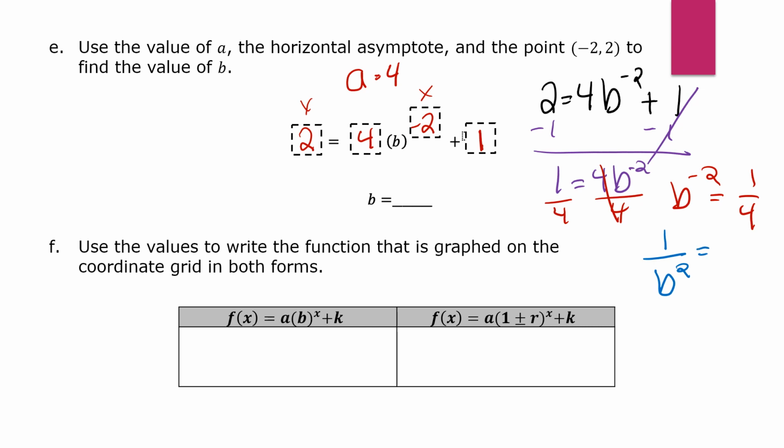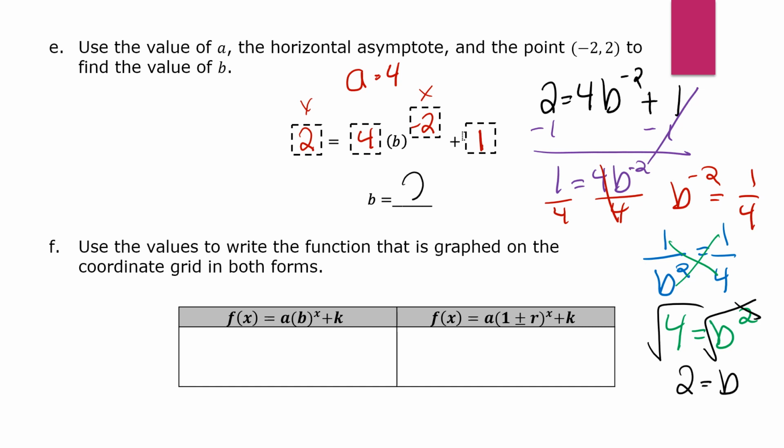So then we have 1 over b squared equals 1/4. And then we can cross multiply. So we could do 1 times 4 equals 4, and then b squared times 1 is b squared. So then to get b by itself, square root both sides. So b equals 2. So our b is positive 2.